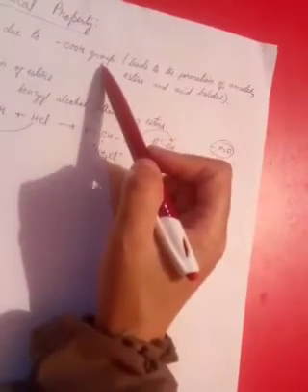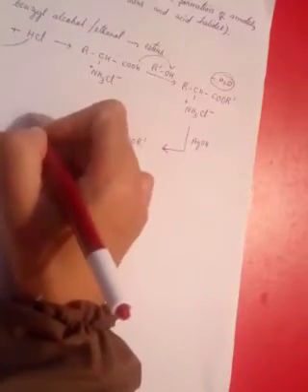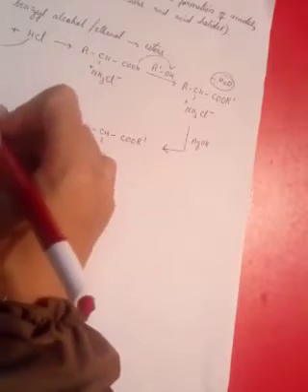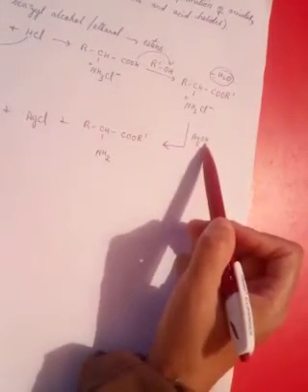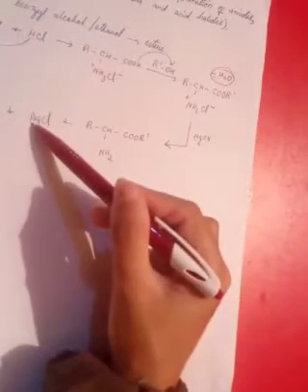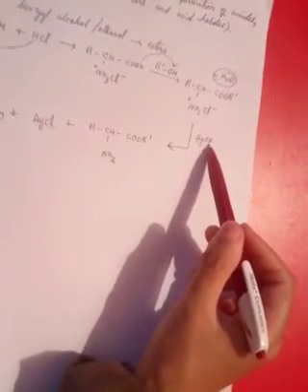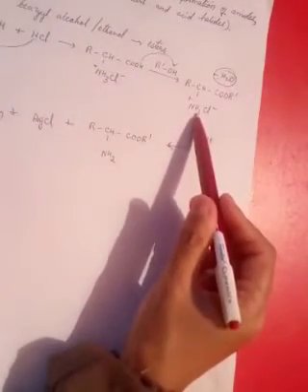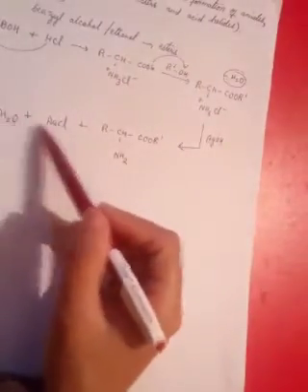Now again, in the presence of silver hydroxide, we get CHCOOR, and here what happened? We see that in the presence of silver hydroxide, silver will react with chlorine and form silver chloride, and this OH will bind with one H from here, forming a water molecule.